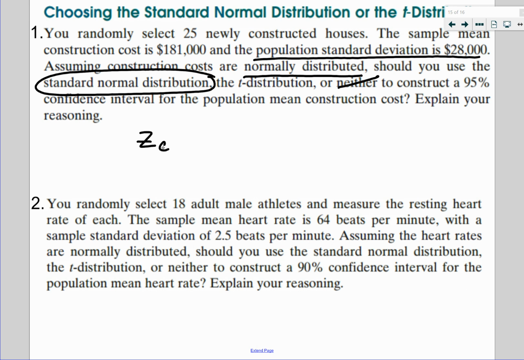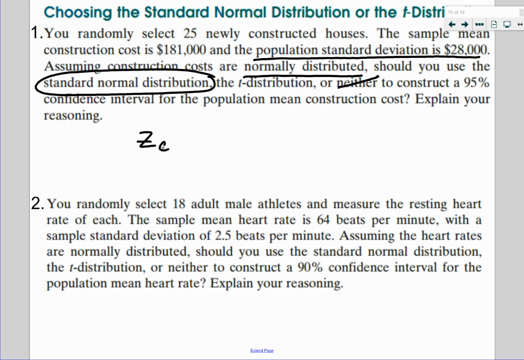The one below it: you randomly select 18 adult male athletes and measure the resting heart rate of each. The sample mean is 64 beats per minute with a sample standard deviation of 2.5 beats per minute. Assume the heart rates are normally distributed. Should we use a standard normal distribution, a T distribution, or neither to find a 90% confidence interval? First question, do I have a sample size bigger than 30, or is my population normally distributed?